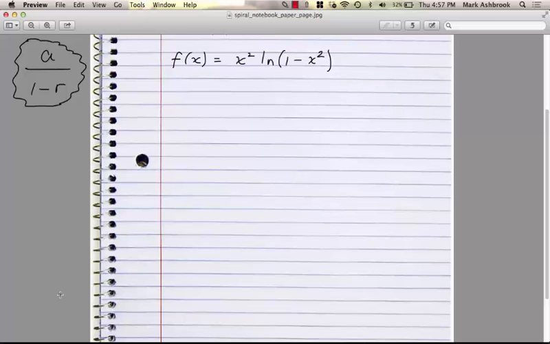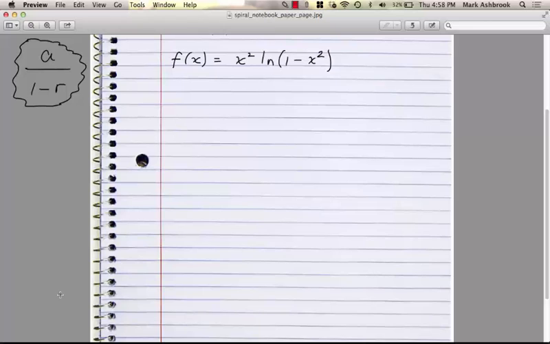Oh, because you were taking that. No, you're taking x. We're not doing x. Yeah, I also have 1 minus x squared. So it'll be negative 2x.